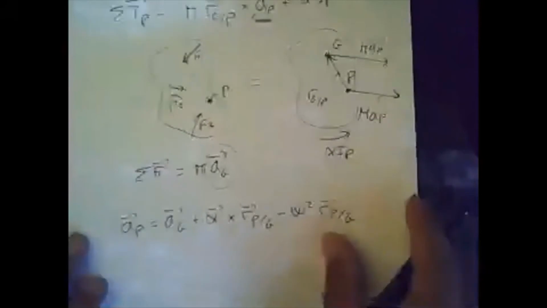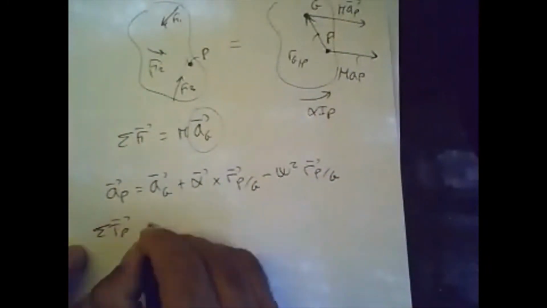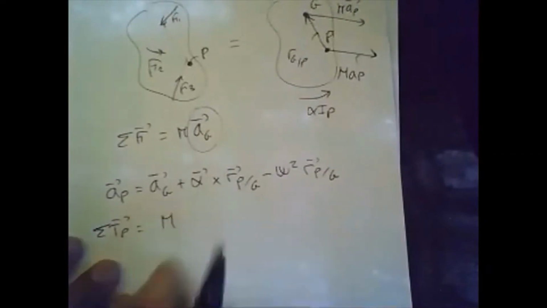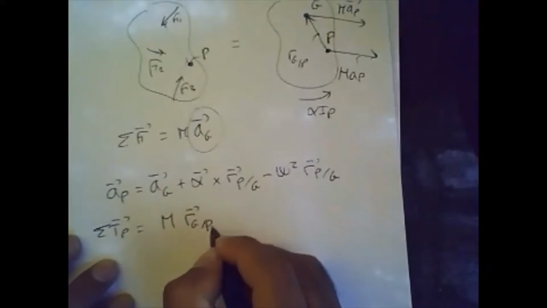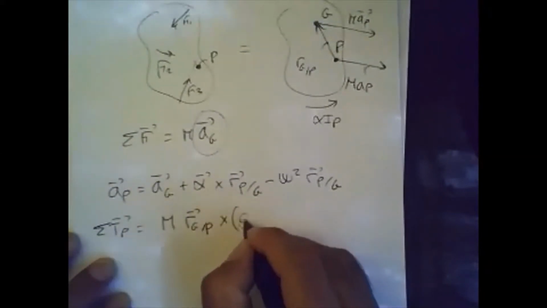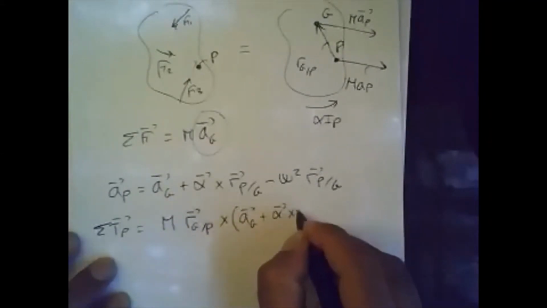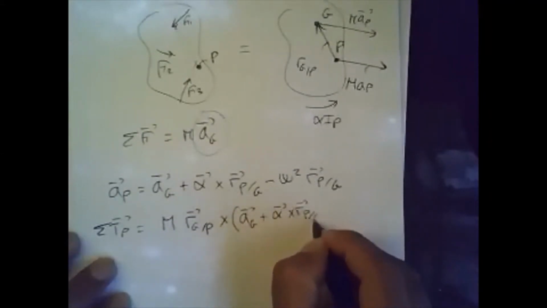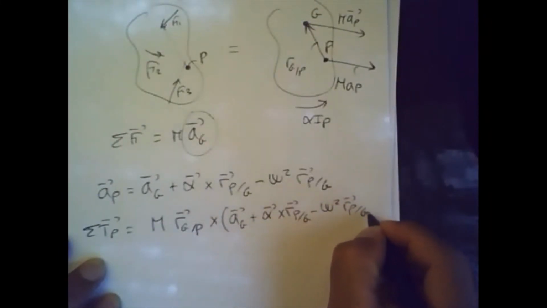Okay, let's do this step and then we can do the last step after this. So now the sum of the torques about point P is going to be equal to what? M, r_G with respect to P cross, and I'm going to replace a_P by this: a_G plus alpha cross r_P with respect to G minus omega squared r_P with respect to G.